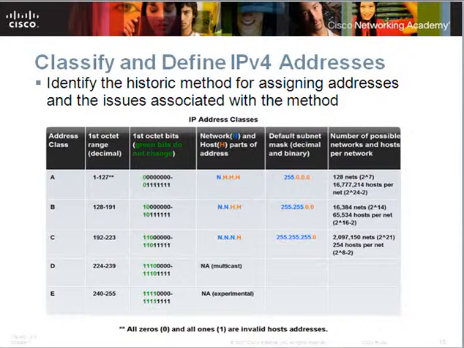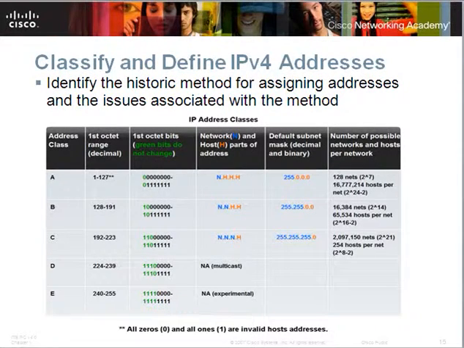In class C we have a wide range of networks: the first 3 bits are fixed, so 2 to the power 21 networks can be designed, and each network can have 2 to the power 8 minus 2, that is 254, hosts.